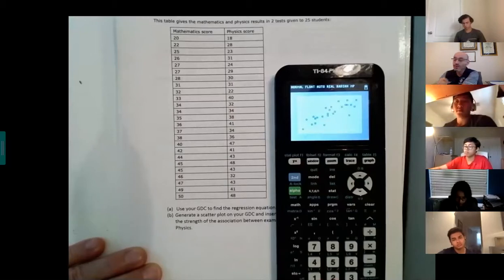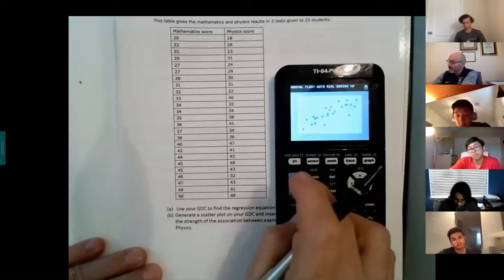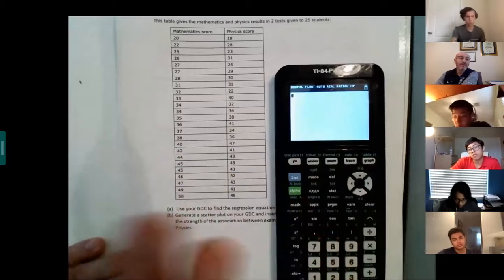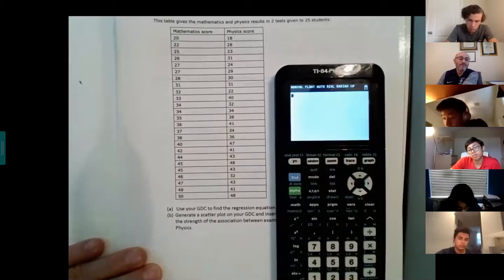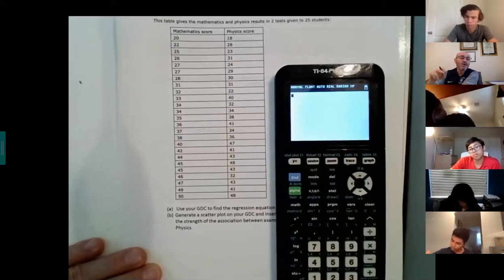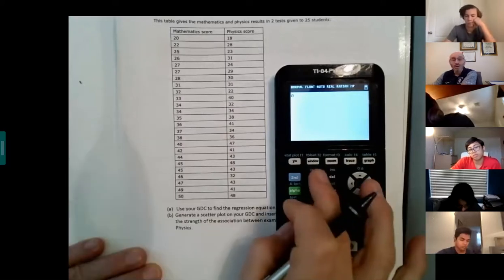But before we do that, if I run the regression the way the calculator is, I might not see the correlation coefficient, okay? I need to turn on what is called the diagnostic in order to be able to see the correlation coefficient. A quick way to do that is to go to Mode.